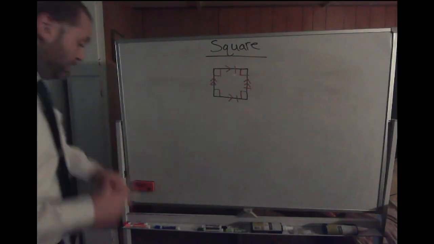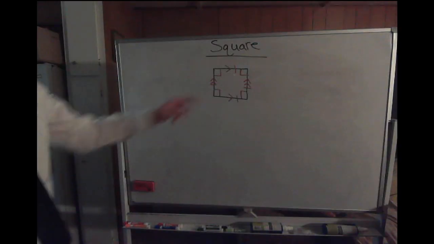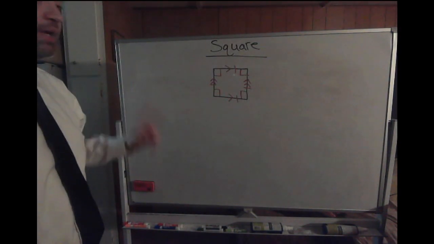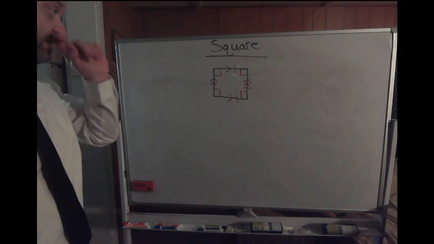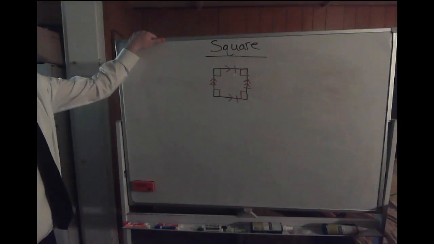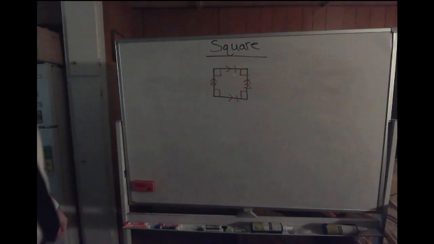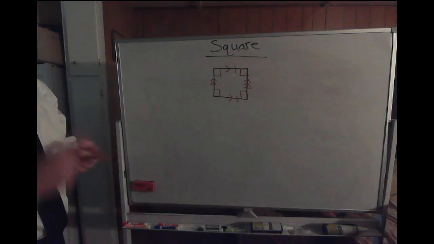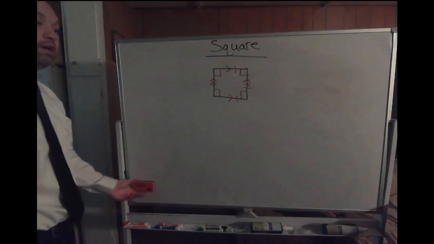So, a square by definition is definitely a parallelogram, because both pairs of opposite sides are parallel, but it is also a rectangle in the fact that it has 4 right angles, and it is also a rhombus in the fact that all 4 sides are congruent. So a square is probably the most special parallelogram of all because it is not only a parallelogram, it is a rectangle and it's a rhombus. It's got all 3 in one. That's what a square is.